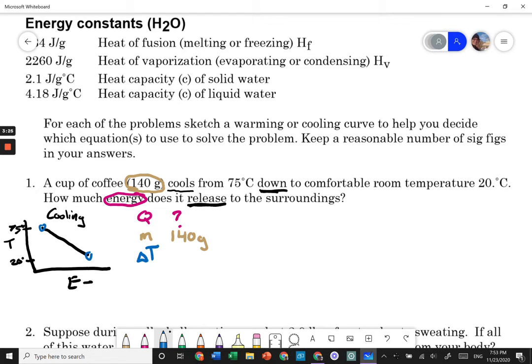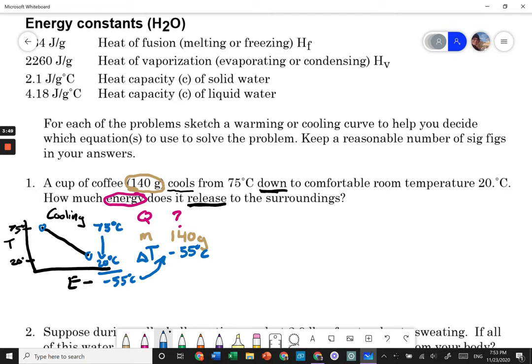Well, it looks like we went from 75 degrees Celsius down to 20 degrees Celsius. If my math is correct, that means our change in temperature was minus 55 degrees Celsius, which can go right up there, minus 55 degrees Celsius.